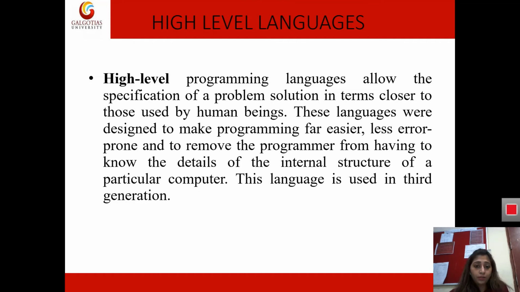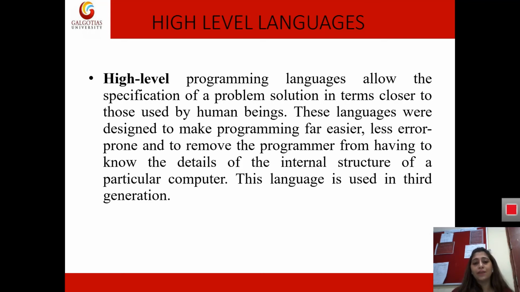They also remove from the programmer the need to know the details of the internal structures of a particular computer. Even if you do not know the internal details of the computer, it is very easy to work on it because we know the language in which we are interacting with the system. This language is used in the third generation and later generations after the third generation.